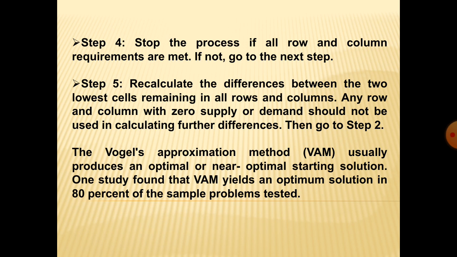Stop the process if all the row or column requirements are met. If not, go to the next step. Step 5. Recalculate the difference between the two lowest cells remaining in all the rows and columns. Any row or column with zero supply or demand should not be used in calculating further differences. Then go to step 2.